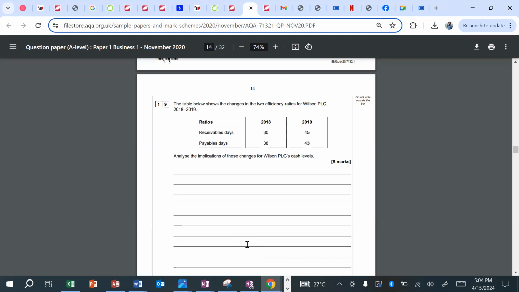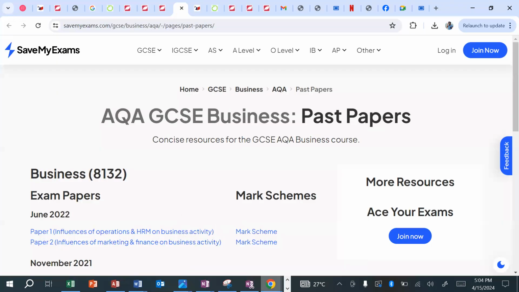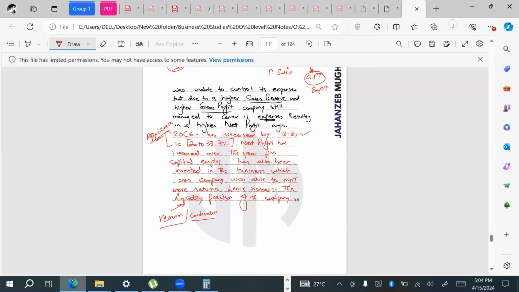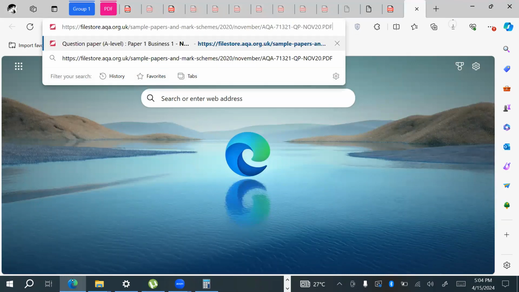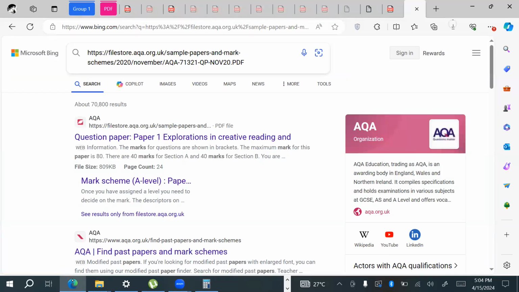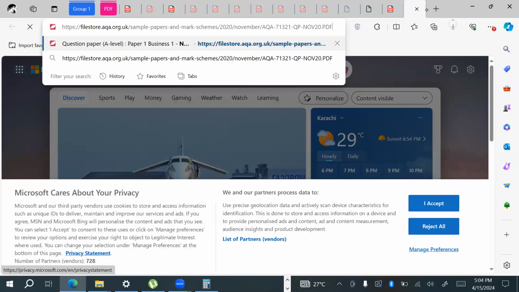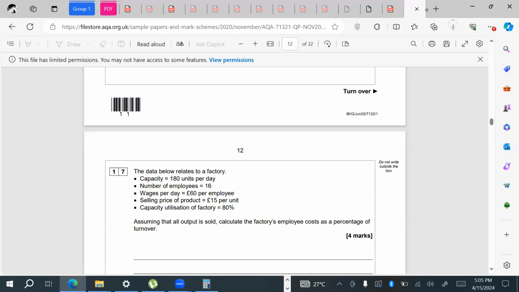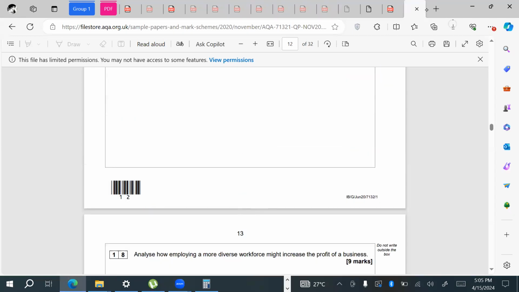Now I cannot write on this paper. It's still not allowing me to write on the paper.